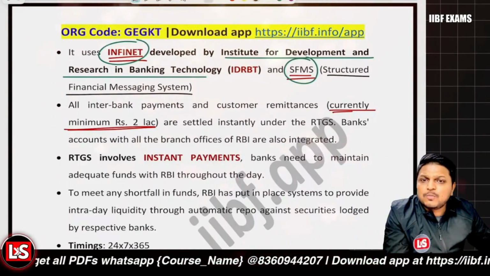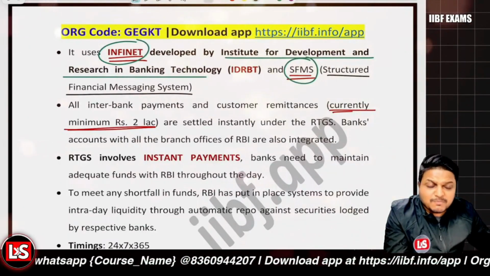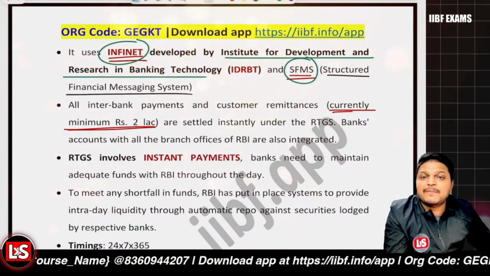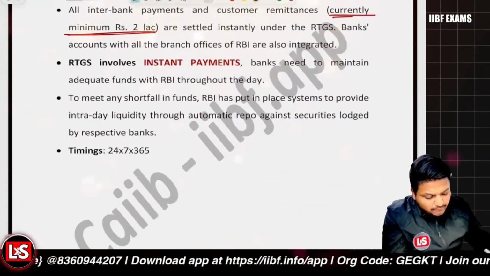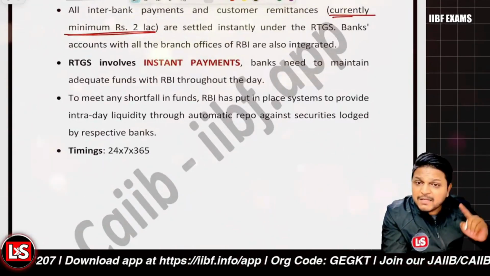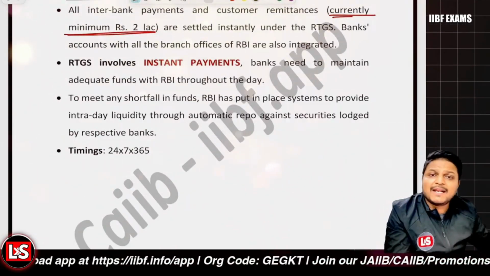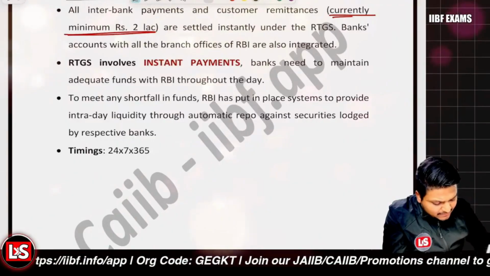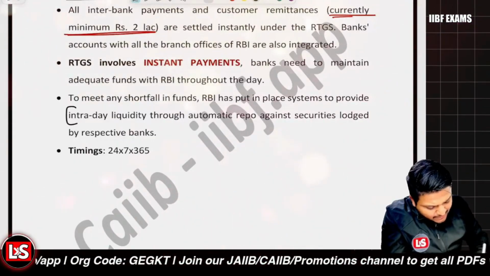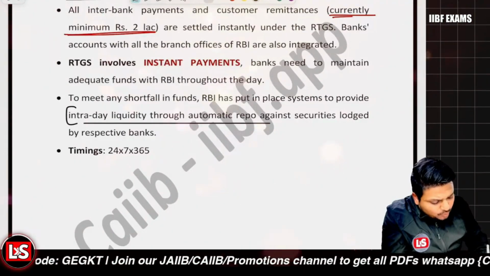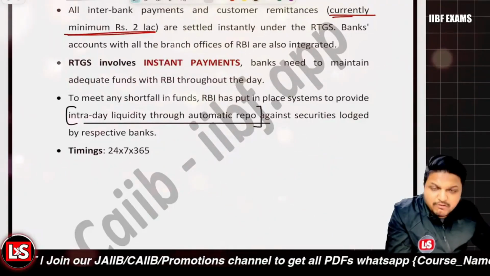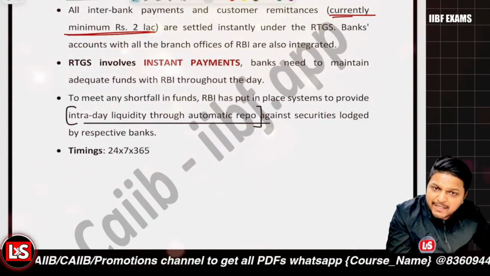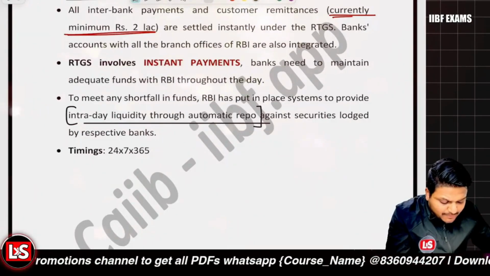And the banks are to manage the liquidity. Banks must maintain sufficient funds with the Reserve Bank of India. Further, the RBI provides intraday liquidity through repo transactions, and that will be done automatically.